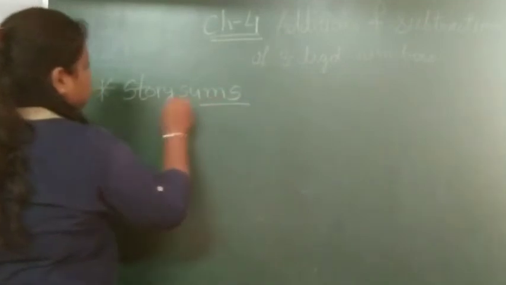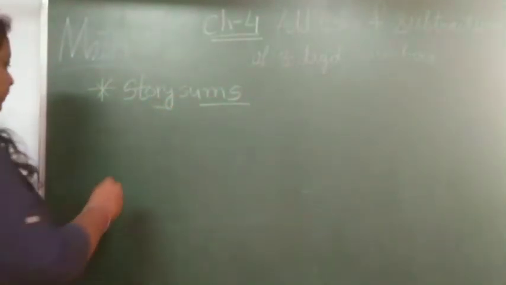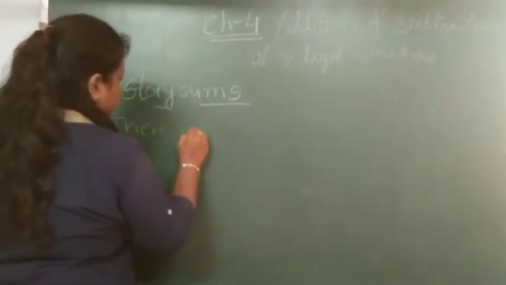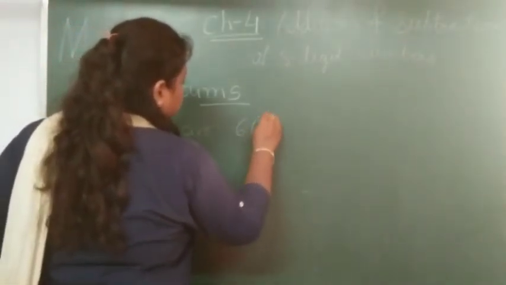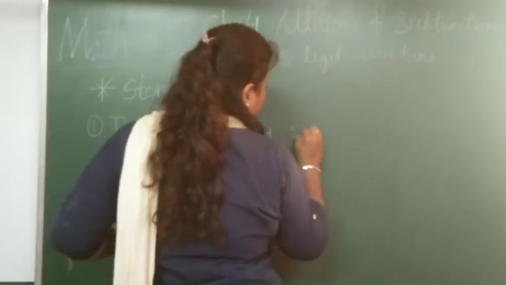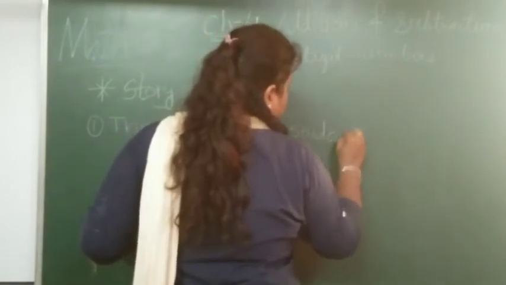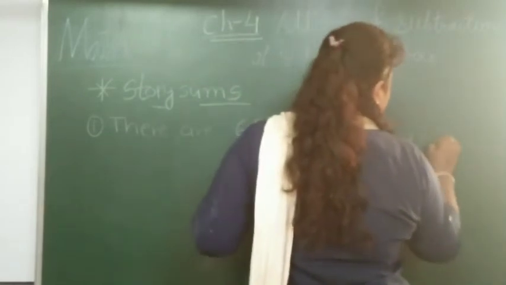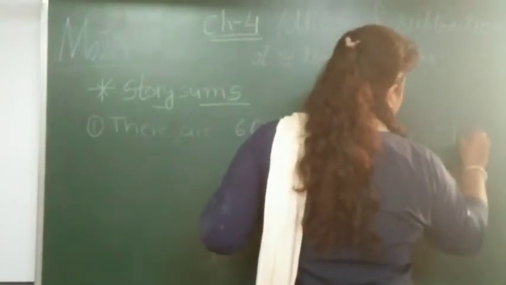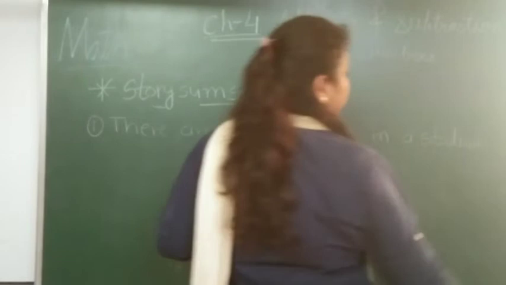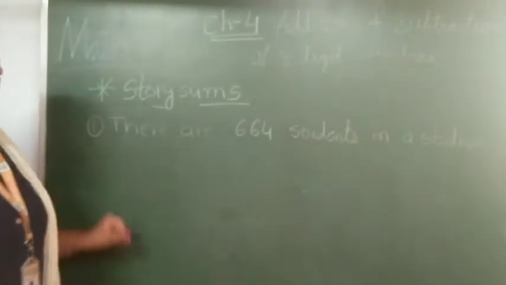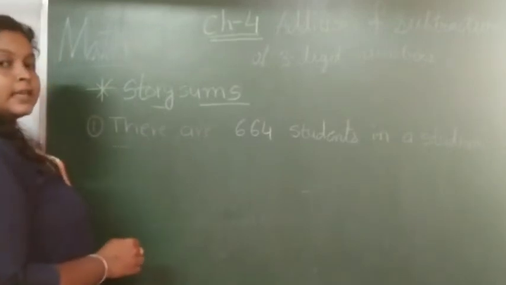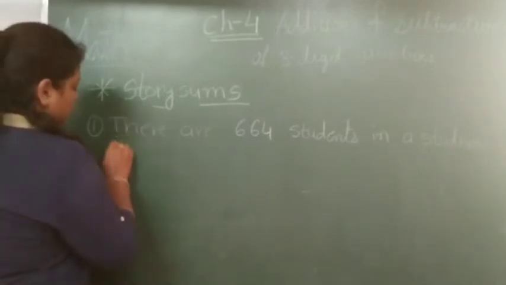Story sums. Right? So here I will write one story. There are 664 students in a stadium. Stadium में कितने बच्चे थे? There are 664 students.